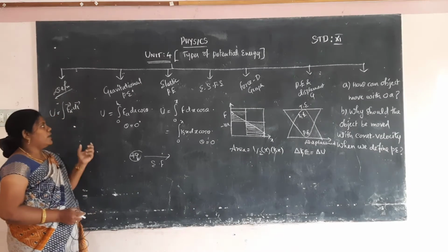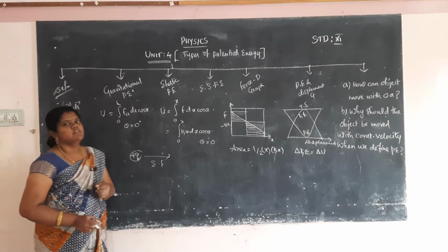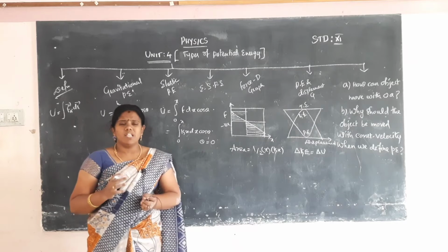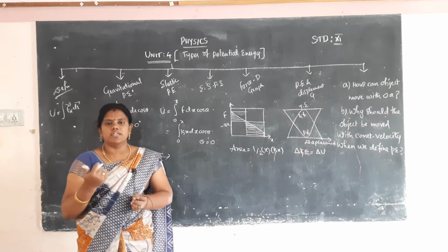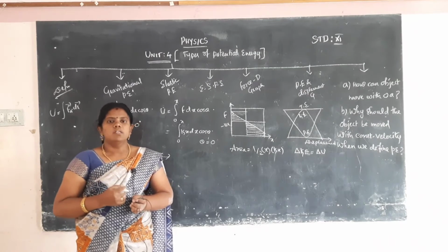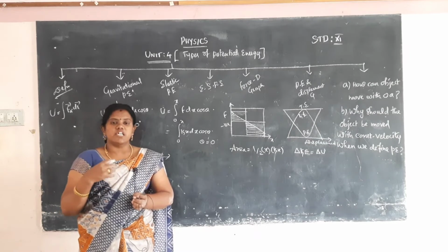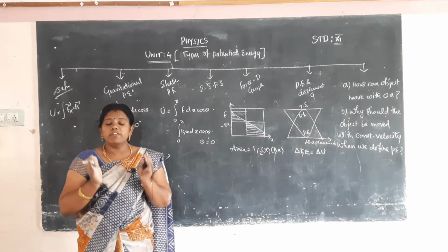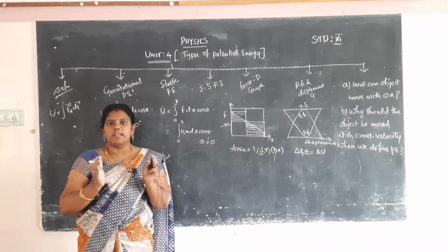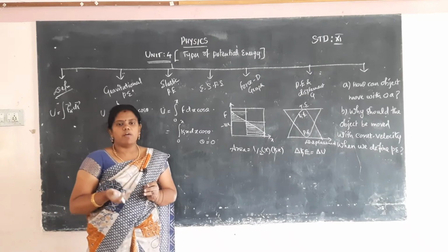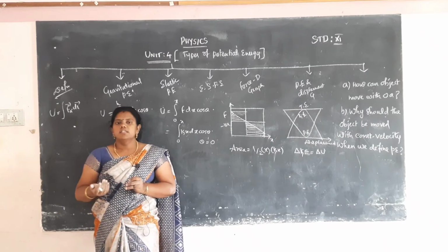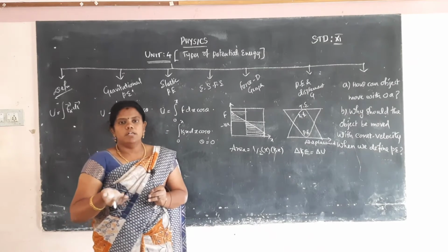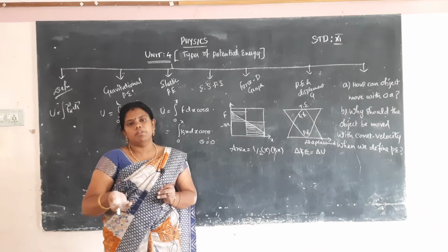Okay, now I will explain the gravitational potential energy. Gravitational potential energy: all objects fall down due to the gravitational force of the earth. Suppose we try to move an object upward against the gravitational force, that is the phenomenon where gravitational potential energy is present. We apply some work to the object, and the object is taken from the ground.